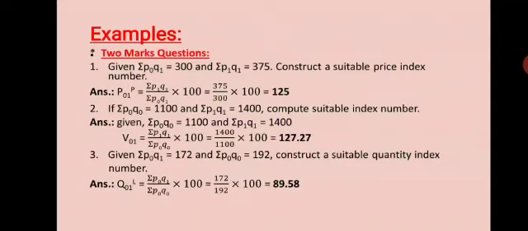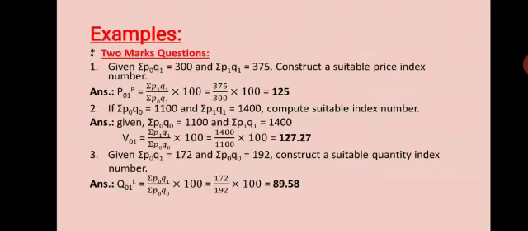Therefore V01 equals summation P1 Q1 divided by summation P0 Q0 into 100, which is equal to 1400 divided by 1100 into 100. If you simplify further, we will get the answer as 127.27, that is value index number.